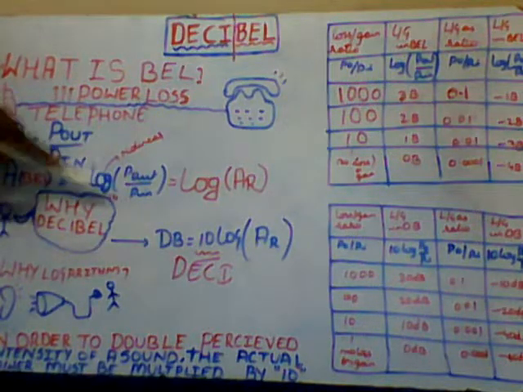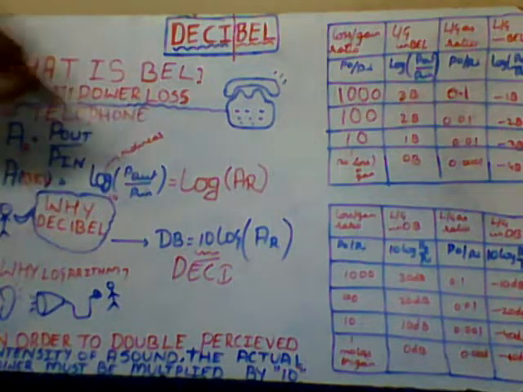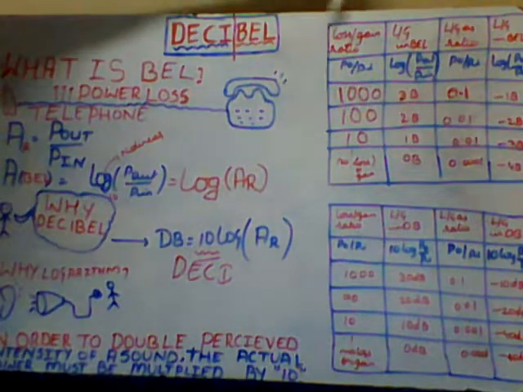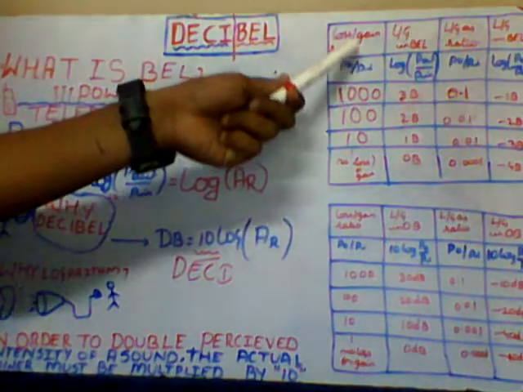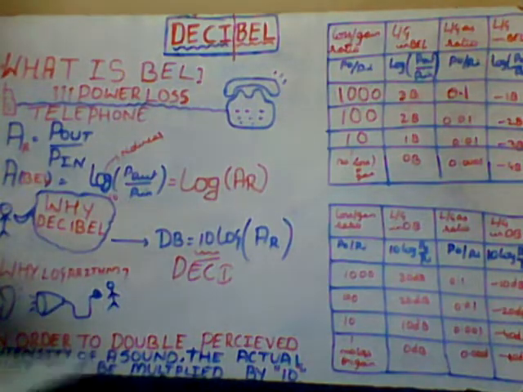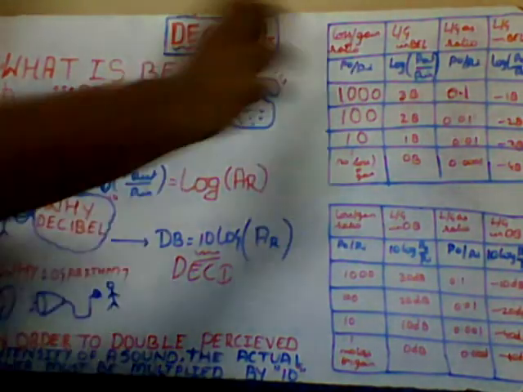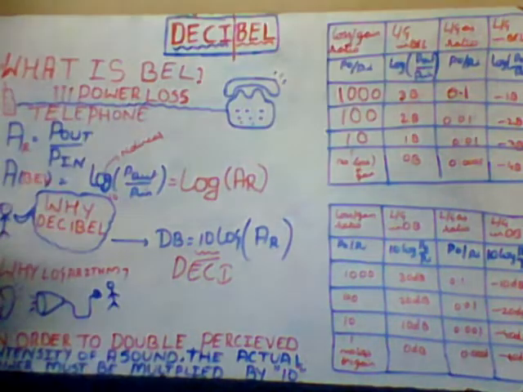As you know, the logarithm scale is a nonlinear scale, so bell is also nonlinear in nature. Here I have given a tabular form. In this, the first column is loss or gain ratio, which is defined as P output to P input, and the second column is loss or gain ratio in terms of bell.